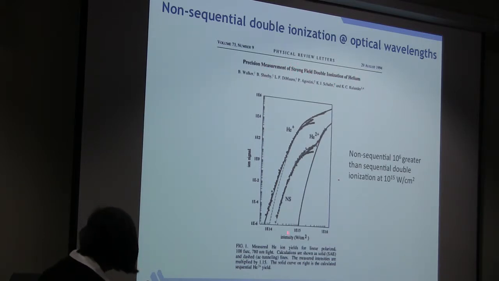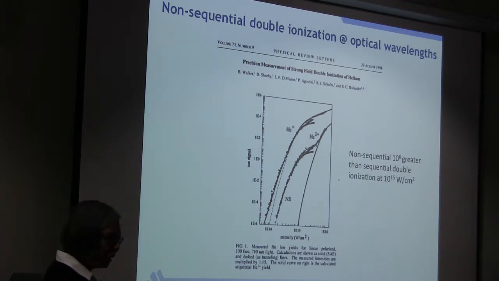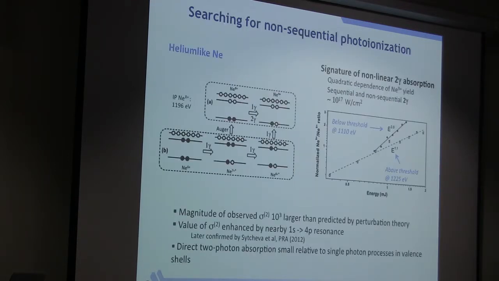And it shows that for the double ionization of helium, there's this big non-sequential yield that, at 10^15 watts per square centimeter, is like 10^6 times greater than this sequential business that we've been talking about. So it's very natural to think, oh, well, shouldn't we be able to see some of this in the X-ray regime? It's been so fruitful in the optical regime, there must be something good, right?